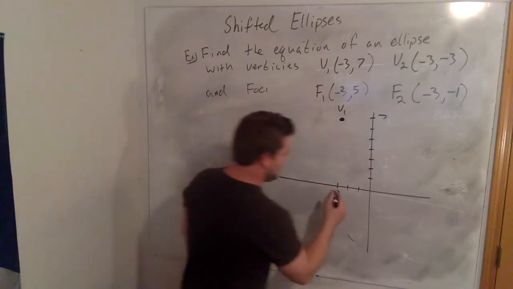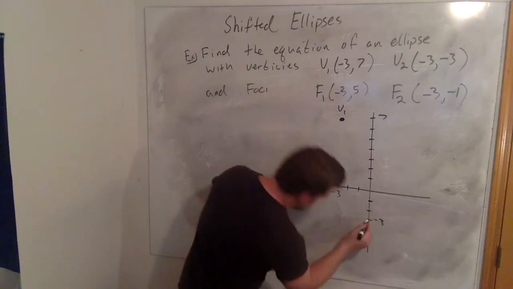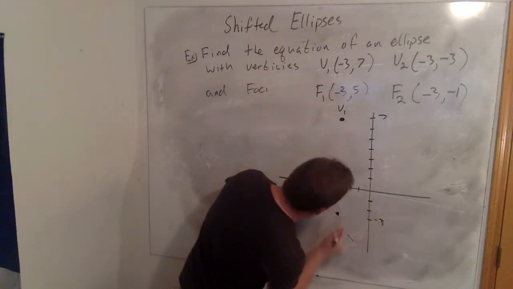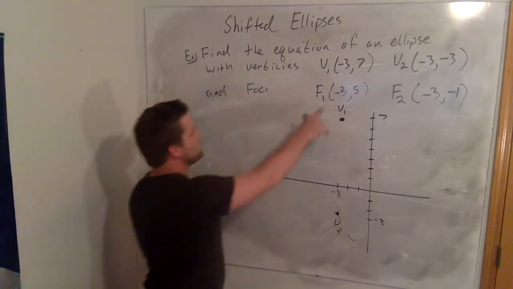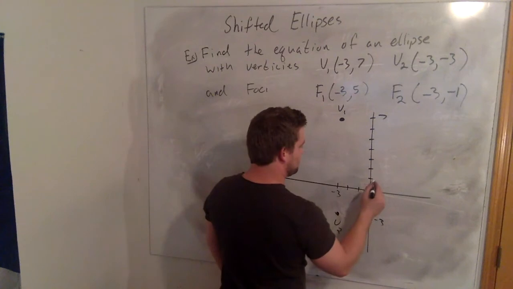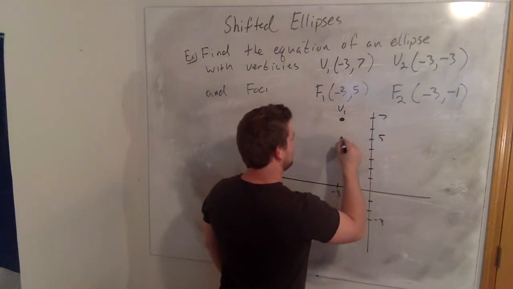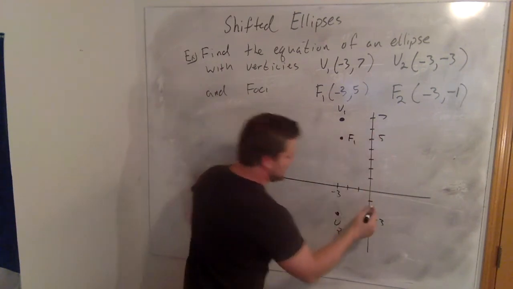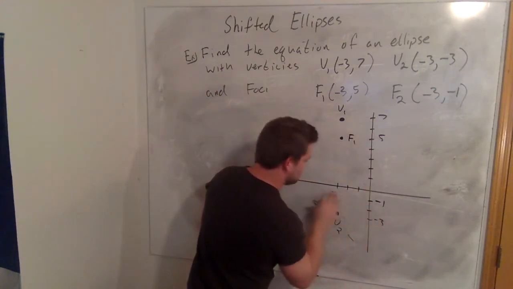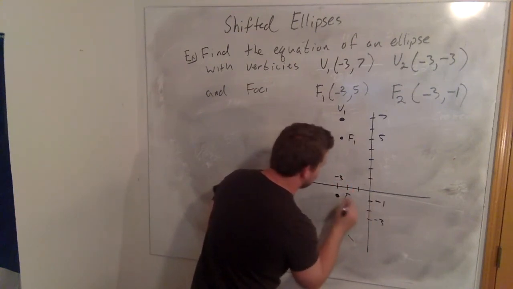And -3, -3, here's the other one, we'll call this V2. The foci, one of them is at -3, 5. So here's one of our foci. And -3, -1, here is our other focus.